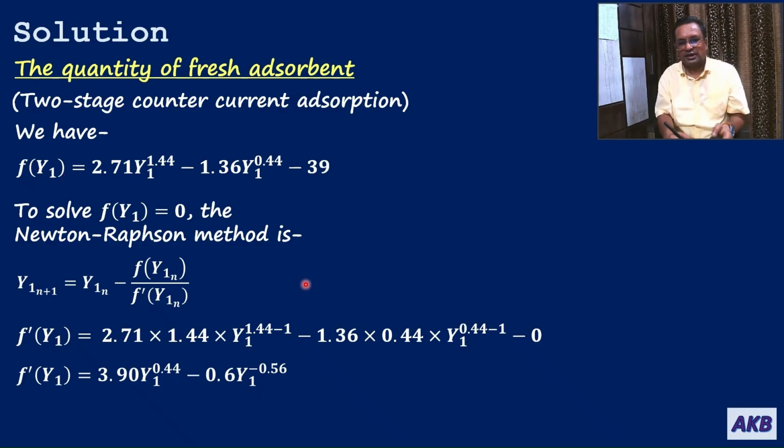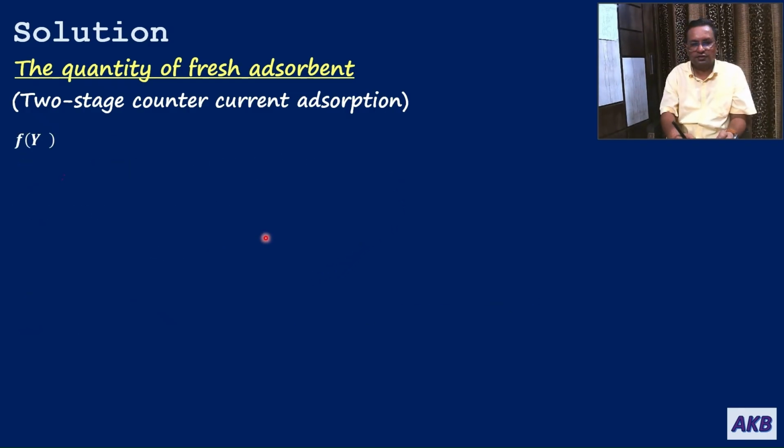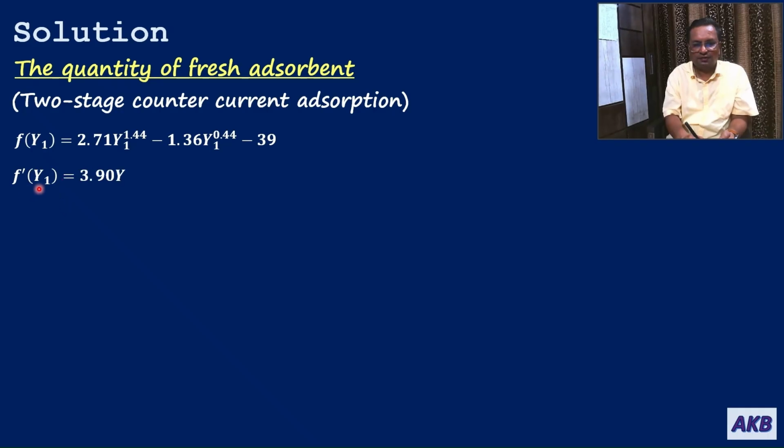And now let us move ahead. Let us use the Newton-Raphson formula for solving the equation. So we have the function f of y1 equal to 2.71 y1 raised to 1.44 minus 1.36 y1 raised to 0.44 minus 39. We got the derivative: f dash of y1 is 3.90 y1 raised to 0.44 minus 0.6 y1 raised to minus 0.56.